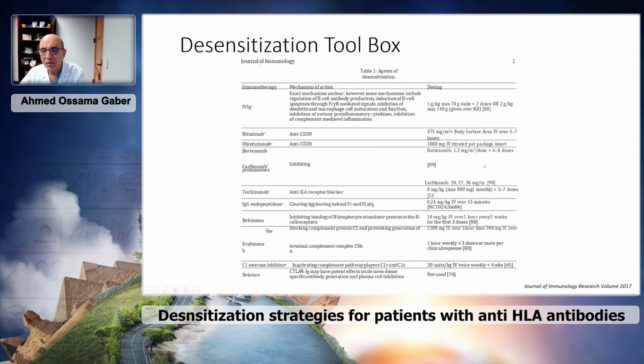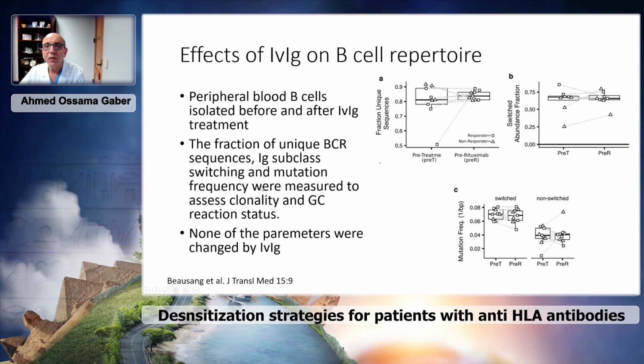C1 esterase inhibitors, we have a trial doing that, the C1r and C1s. And actually, very anecdotal, we think we have some good results with that. And of course, belatacept, which is a CTLA-4 Ig, which affects the inhibition of plasma cell generation, which we use quite a bit now in desensitization.